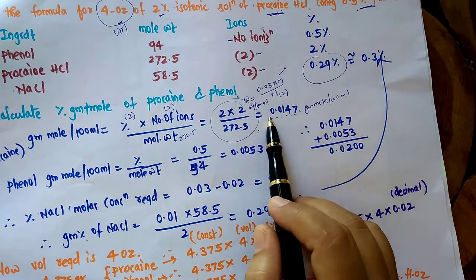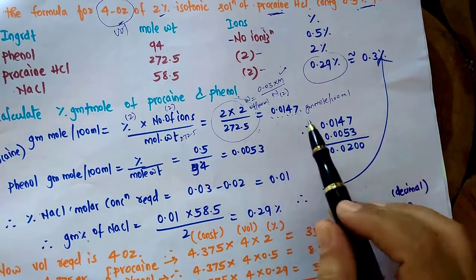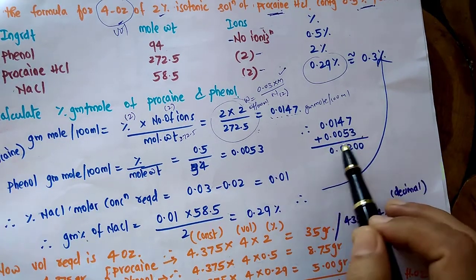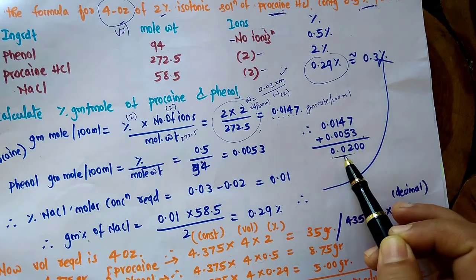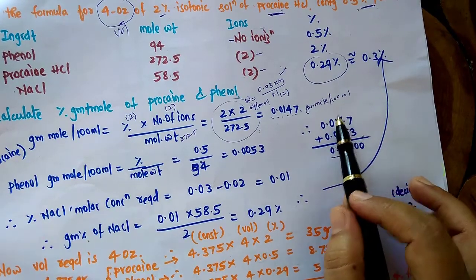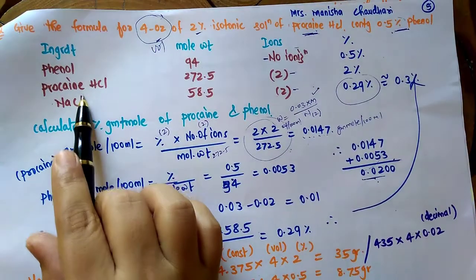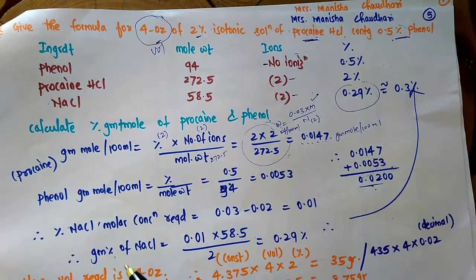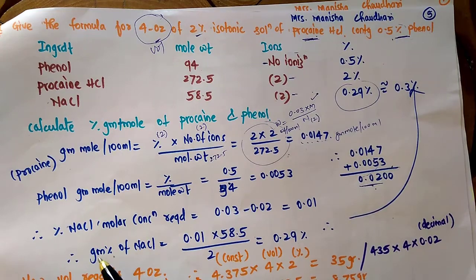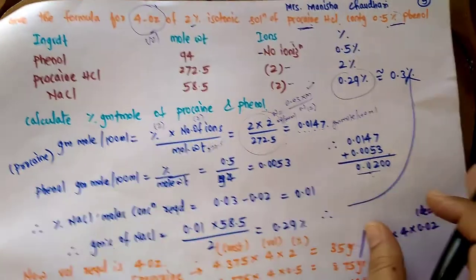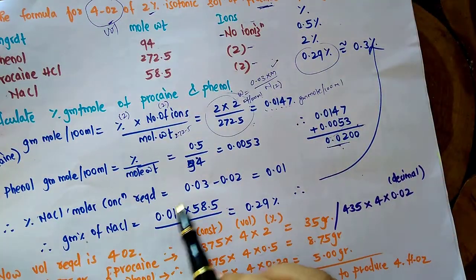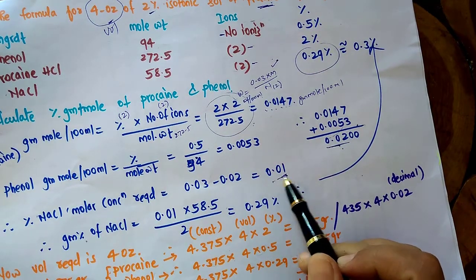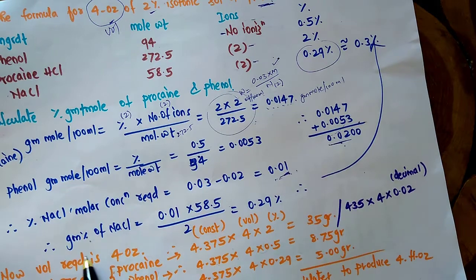Because this is for procaine and this is for phenol. So 0.0147 plus 0.0053 gives 0.02. This addition of both phenol and procaine we are subtracting from the adjusting substance, that is NaCl, which will give you the answer 0.01.